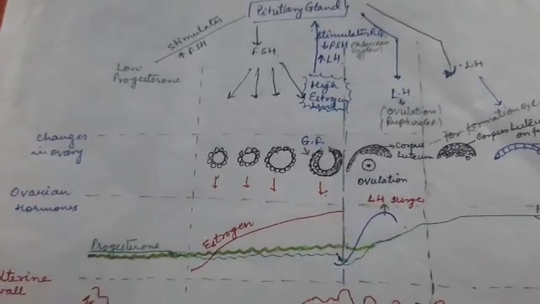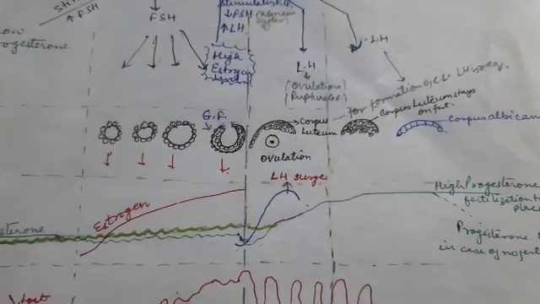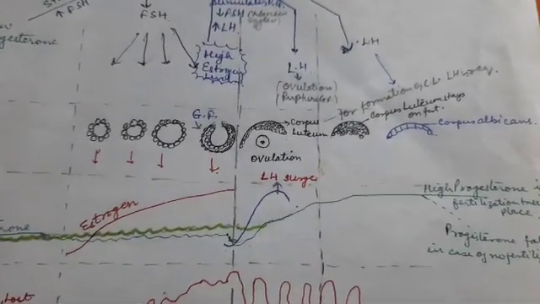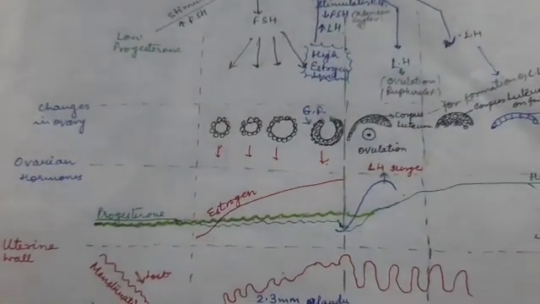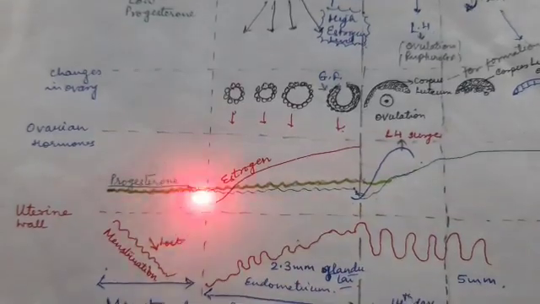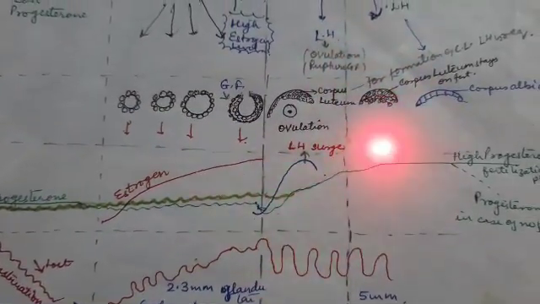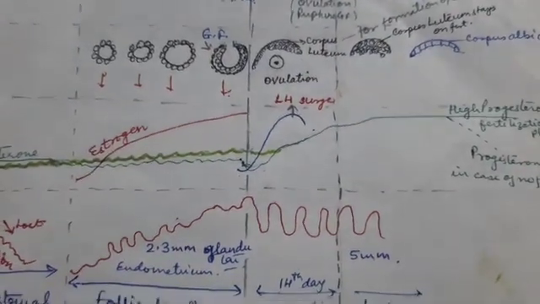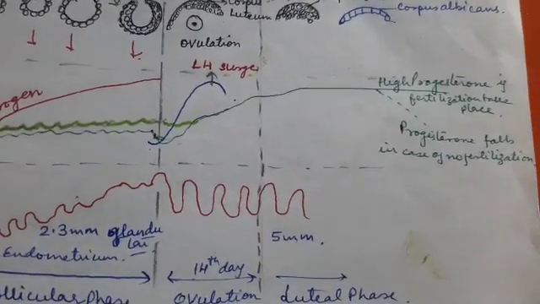This corpus luteum will produce, you all know which hormone? Progesterone. Now if we go back and see progesterone level at the beginning, it was very less, slight increase, then देखो धीरे धीरे it is increasing, and once the corpus luteum is formed, then this progesterone secretion increases. Under the influence of high progesterone level, what will happen again?